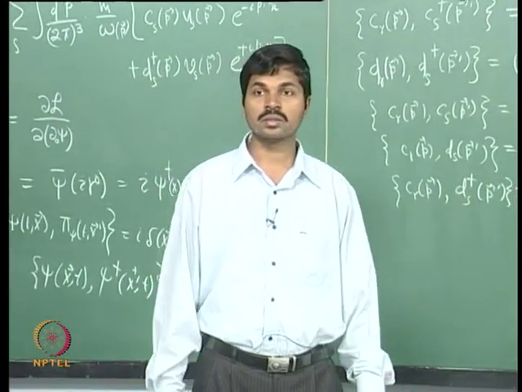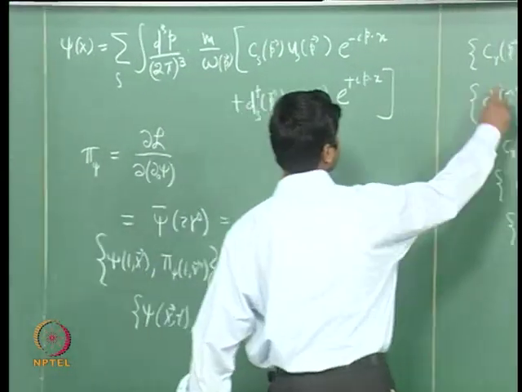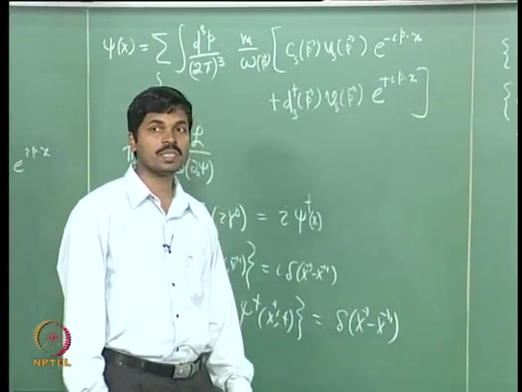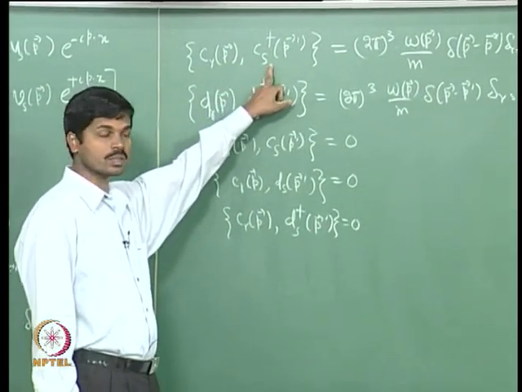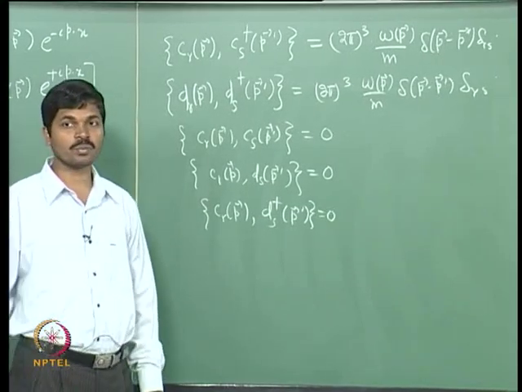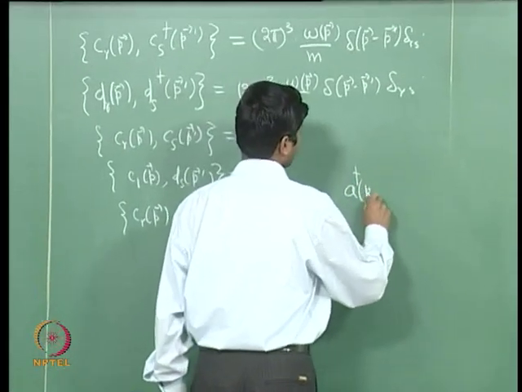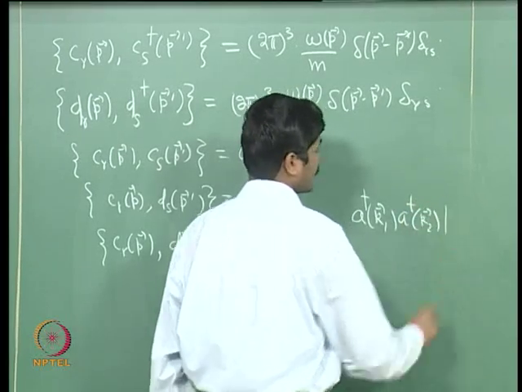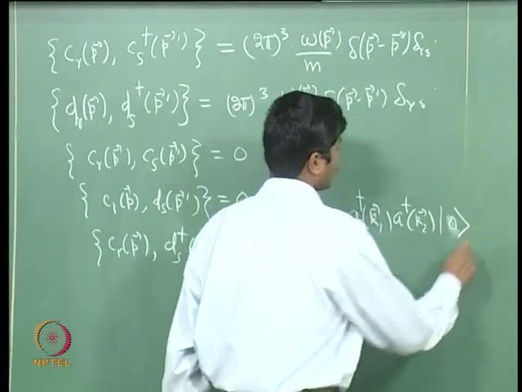What will happen if we impose the commutation relation on this side? Just like the case of a complex scalar field, you will have commutation relations here instead of anti-commutation relations. Then you try to construct multi-particle states from the vacuum. How are the multi-particle states constructed? Let us consider a 2-particle state, a dagger of k1, a dagger of k2, constructed out of vacuum.